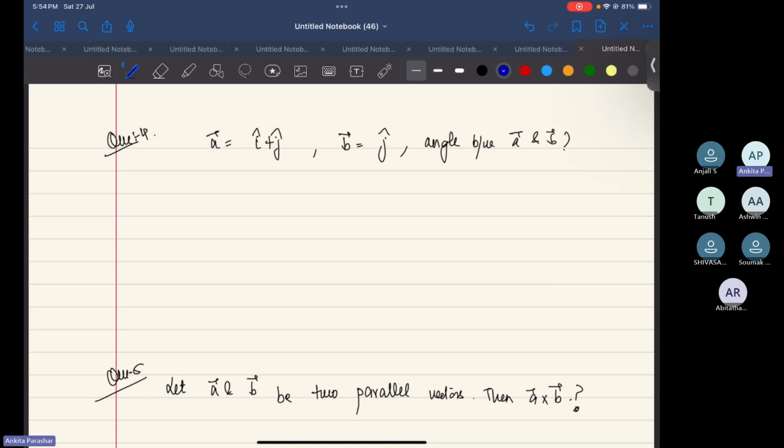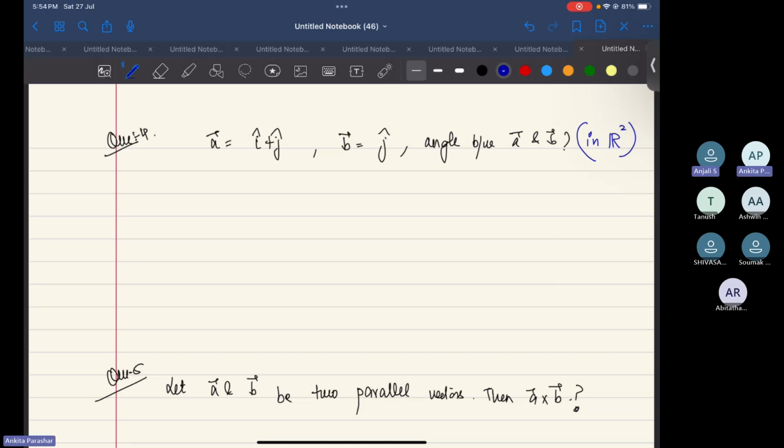Okay, let me also tell you that these vectors are in R2. Anybody?